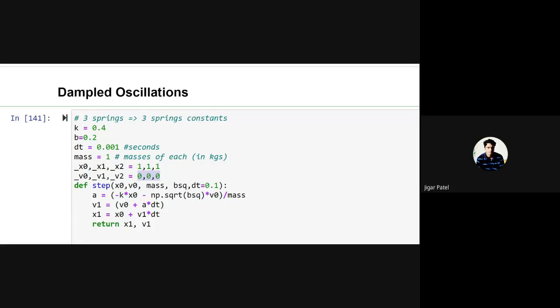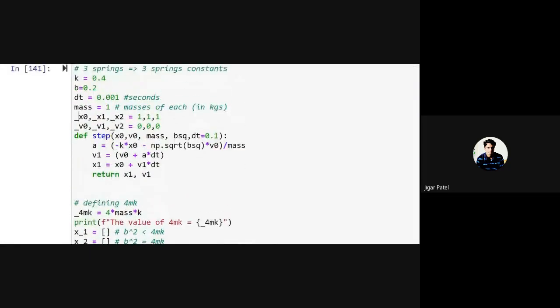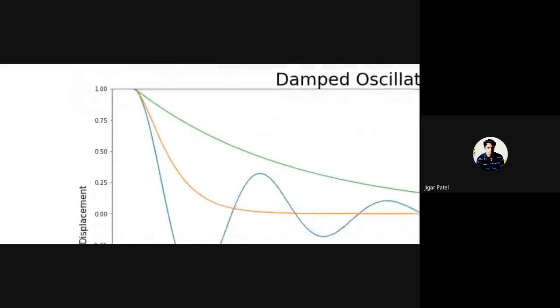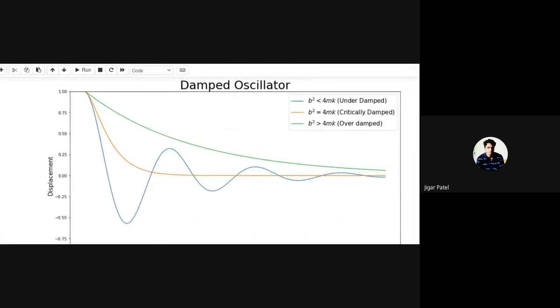The mass is the same, but I have these three variables for different values of B, and these values will be updated later in the time loop, and you will get the following output. So b² greater than 4mk is overdamped, which is in green, b² equal to 4mk is critically damped, which is yellow, and b² less than 4mk is underdamped.